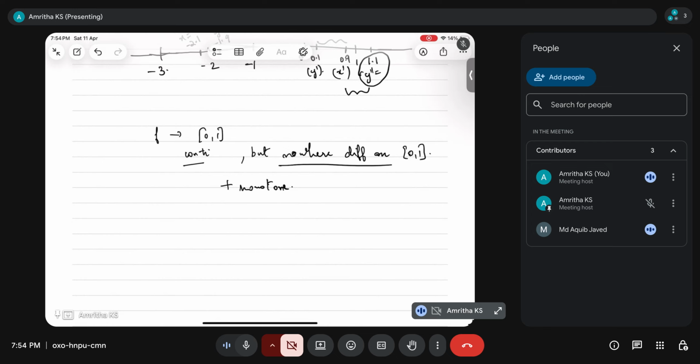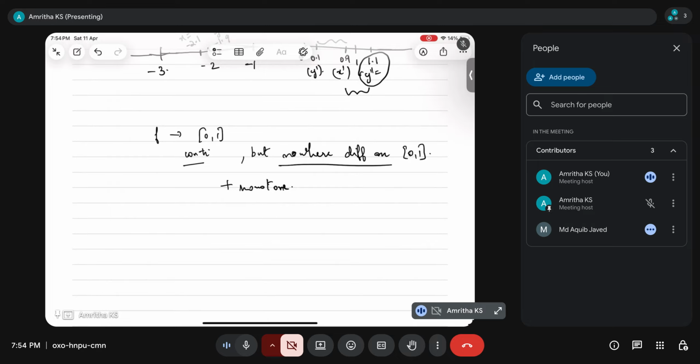Monotone function, the set of points of discontinuity is countable. Oh, it is discontinuity. Okay, then I am wrong.